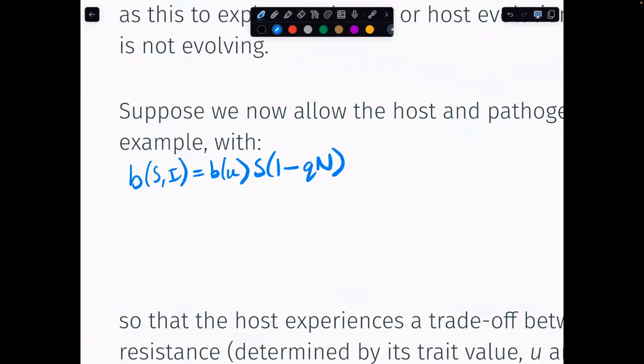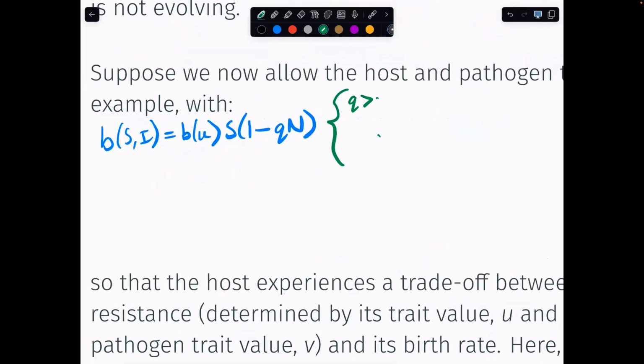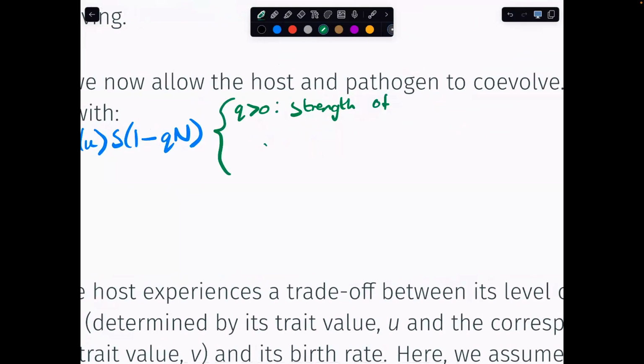Okay, so there's density dependence on births, where Q is telling us the strength of density dependence. Okay, so you should be familiar with this kind of formulation now. So Q here is our strength of density dependence on births.